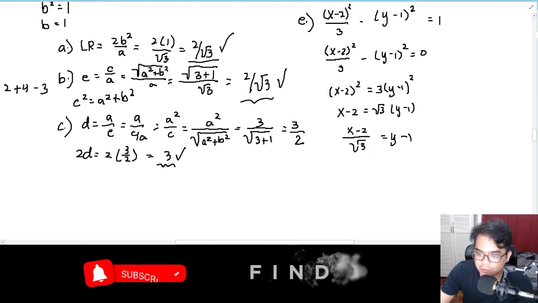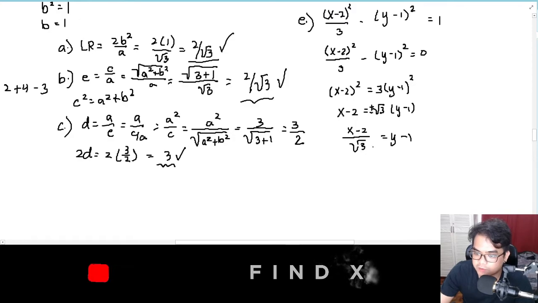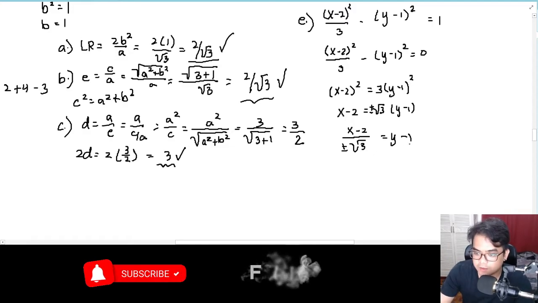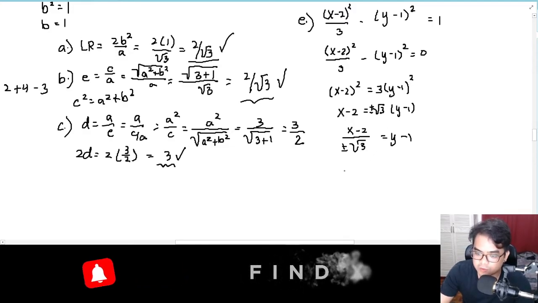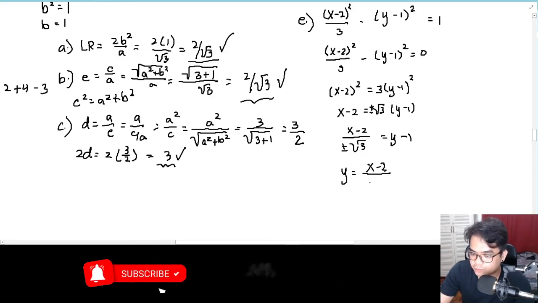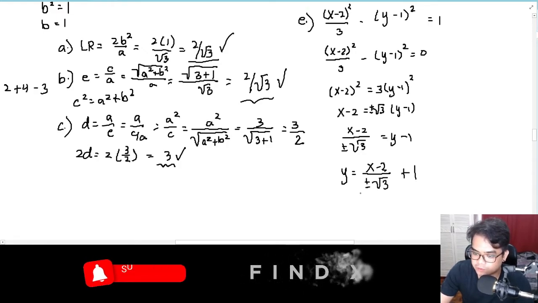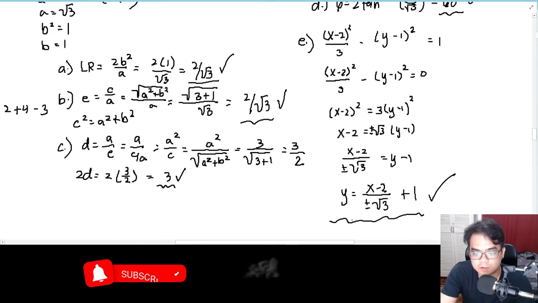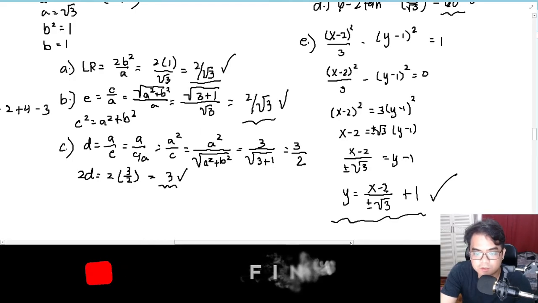Actually, when we square root, you have to put plus or minus here. And then transpose the 1, so y is equal to (x − 2) over square root of 3, plus or minus, plus 1. So these will be the equations of the asymptotes. So I think that's it for number 1.